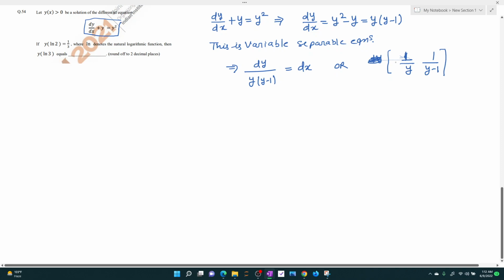So it should be minus 1 upon y plus 1 upon y minus 1, correct? Yeah, into dy is nothing but dx, right?